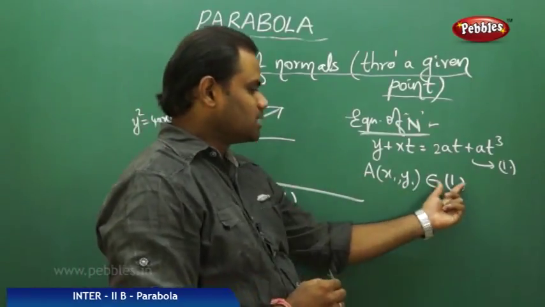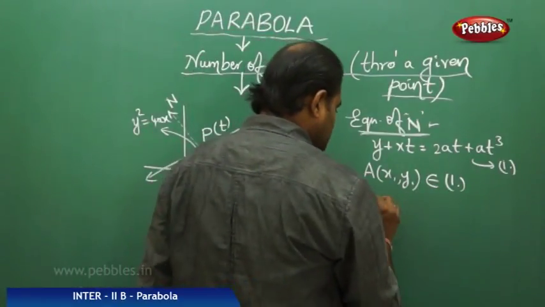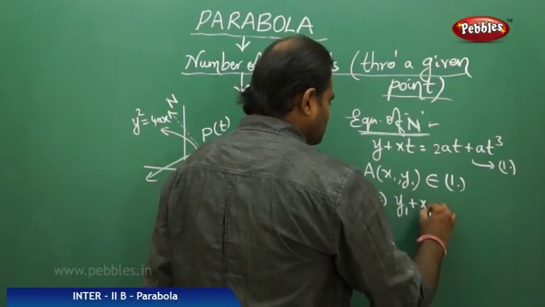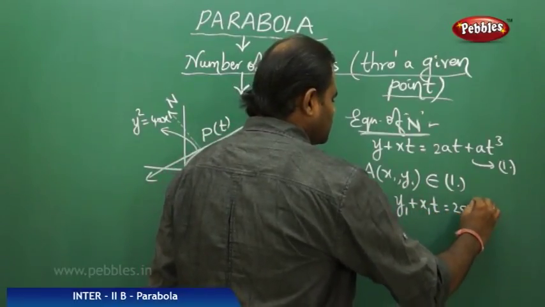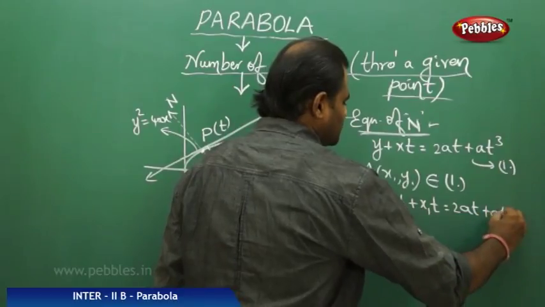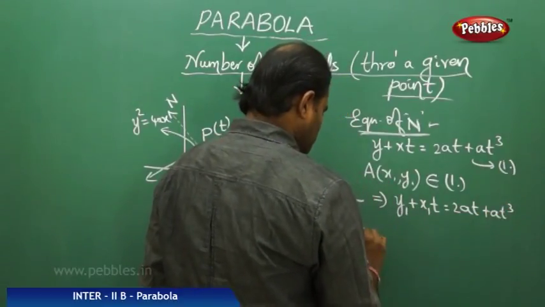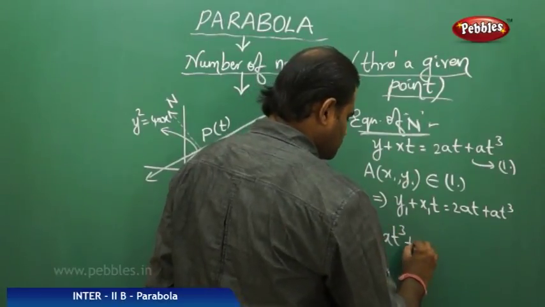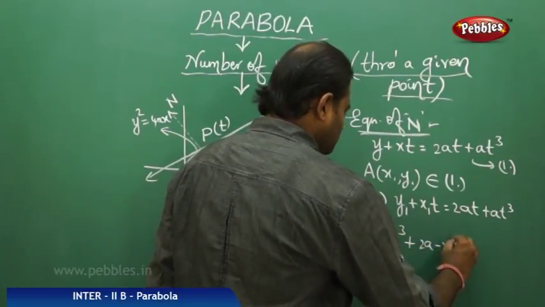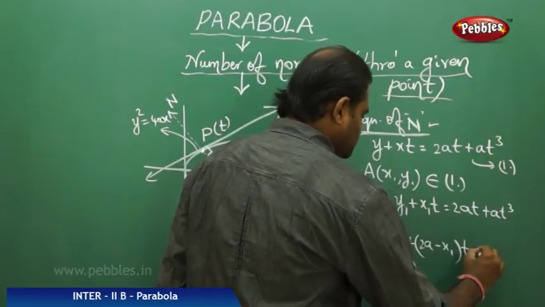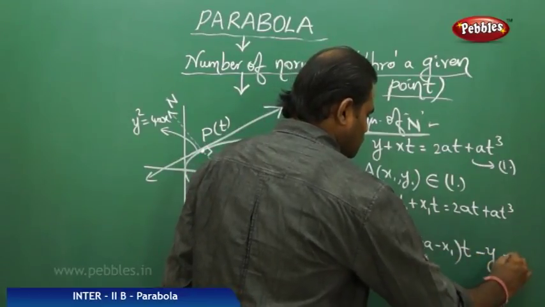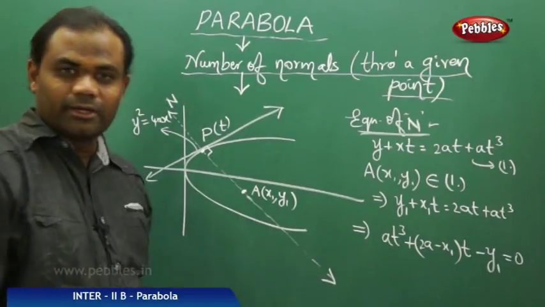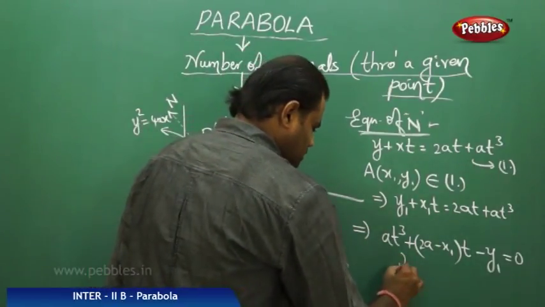So if this point lies on 1, that implies it satisfies the equation y1 plus x1 t is 2at plus at cube, which on further simplification gives at cube plus (2a minus x1) t minus y1 equals 0. So this is a cubic equation in t.